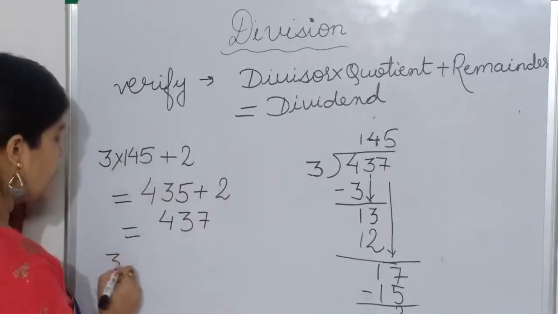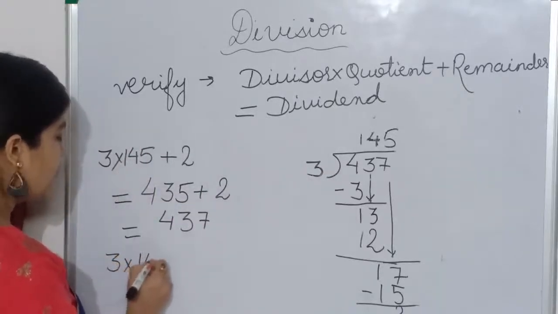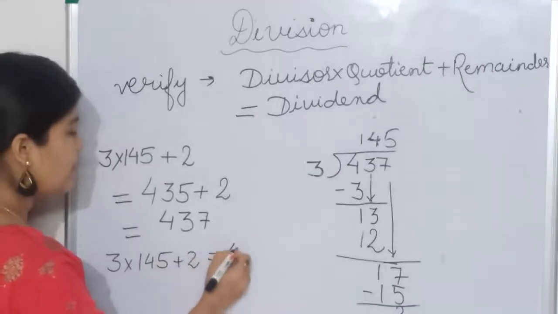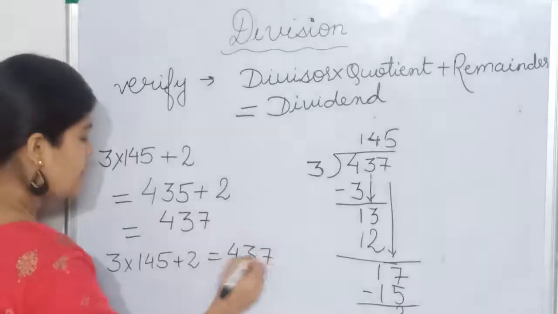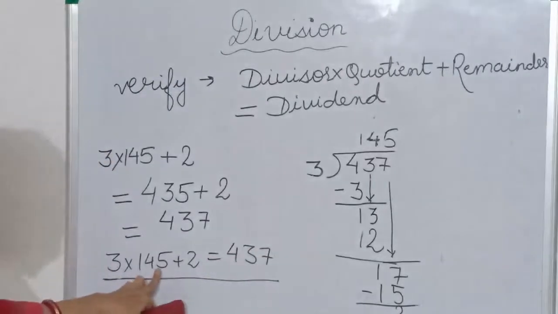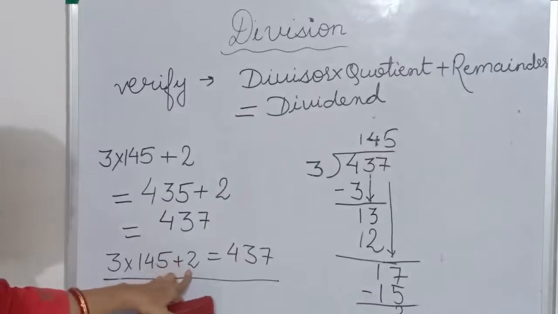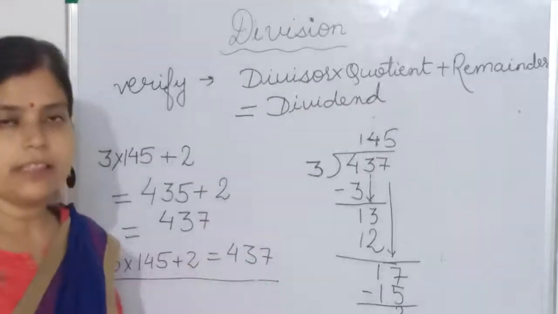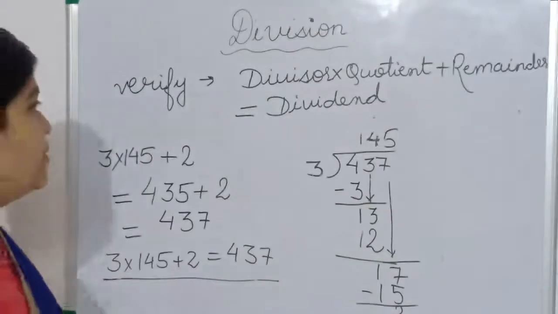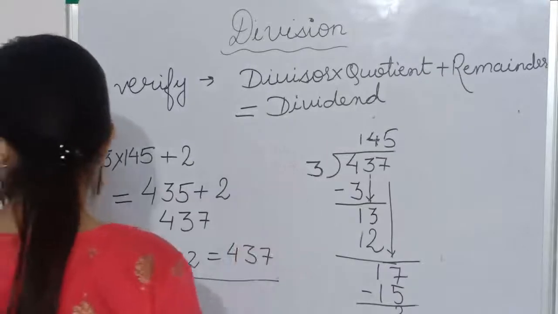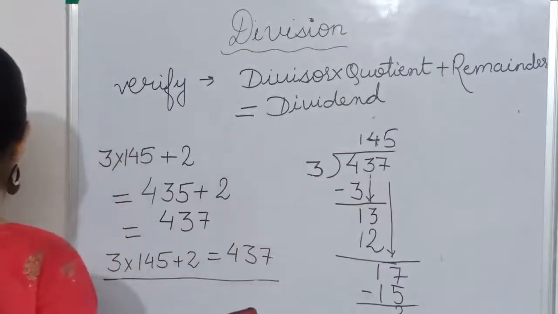We can write 3 into 145 plus 2 is equal to 437. That fits this formula: divisor into quotient plus remainder is equal to dividend. So our calculation is right. You have to divide and you have to check the answer also. Like that you will check the answer.